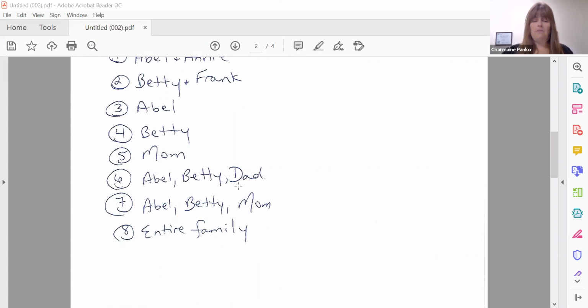Now, it may be coming out of that meeting that another meeting is identified as being important, and that's where Abel and Betty and Mom, and for whatever reason, there may be some sort of dynamic here between Dad and Mom, and that might be personalities, it might be a power imbalance, it may be part of their pattern of communications where here in meeting number 6, Dad has actually identified the fact that though he thinks that this is an important conversation to be had, he's concerned about participating in this meeting where Mom might actually be surprised by Dad's opinion and perspective on this.